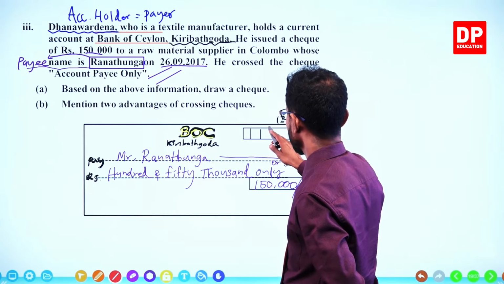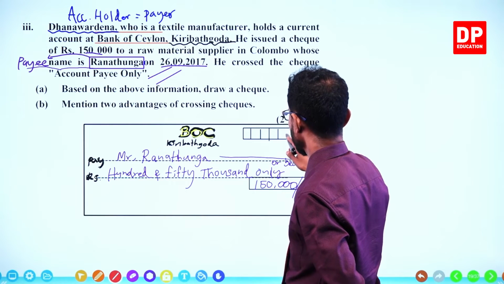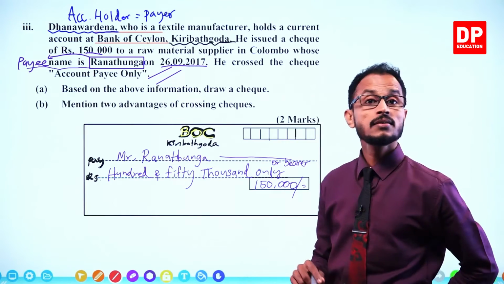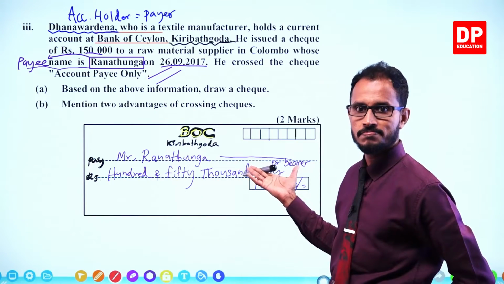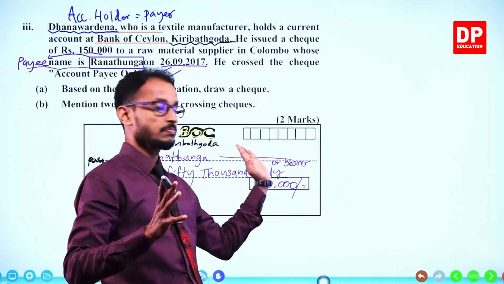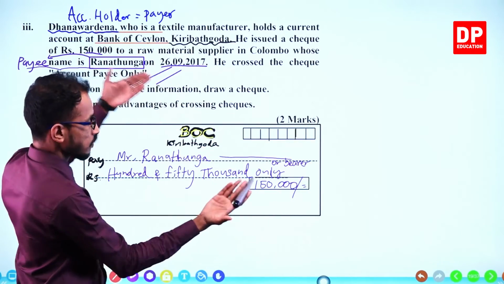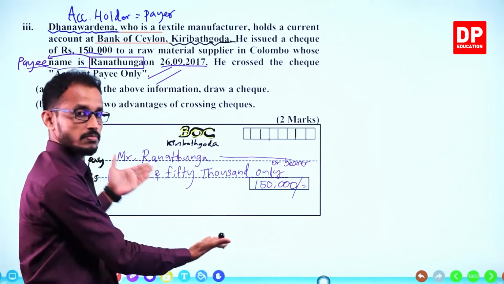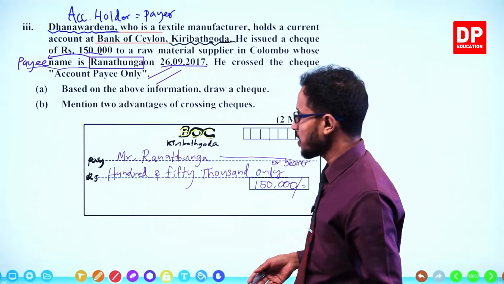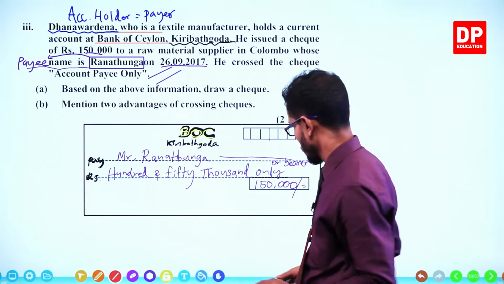Now that's a proper check. Properly drawn. Put the date also, and your check is okay, but you have to sign it.